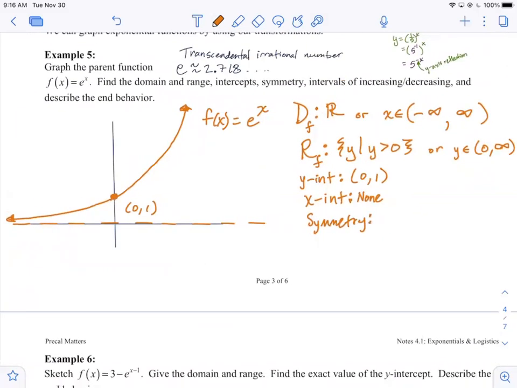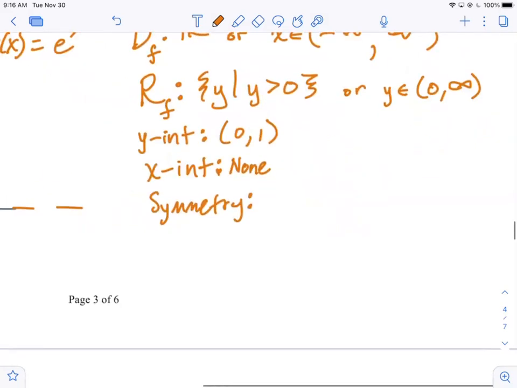We're talking about one of two things. Either y-axis symmetry, which is the folding symmetry on the y-axis, or rotational symmetry, which is putting your finger down at the origin and spinning it 180 degrees. Does this one have either one of those? No, it doesn't. So we'll say none. Remember, if it does have y-axis symmetry, we call it an even function. If it had rotational symmetry, we call it an odd function.